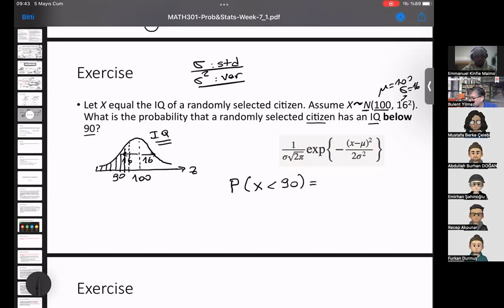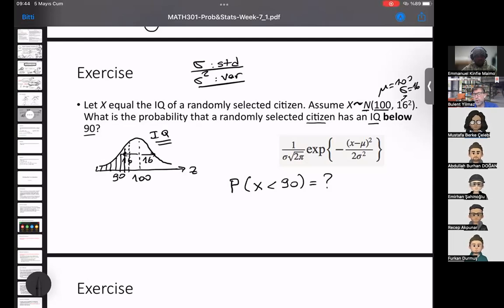I have a distribution whose mean is 100 and standard deviation is 16. This was found from many tests run across the world. What is the probability that a randomly selected person has an IQ below 90?